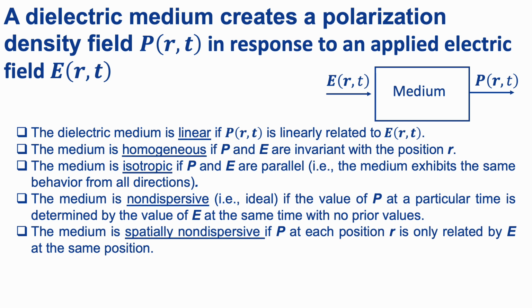So if we are thinking about signals and systems, if that's our background from electrical engineering or computer engineering, that means that we're going to say that the system is causal, because it depends only on the particular time. And then we can also say that the system is spatially non-dispersive if we have a one-to-one relationship between the polarization and the electric field.